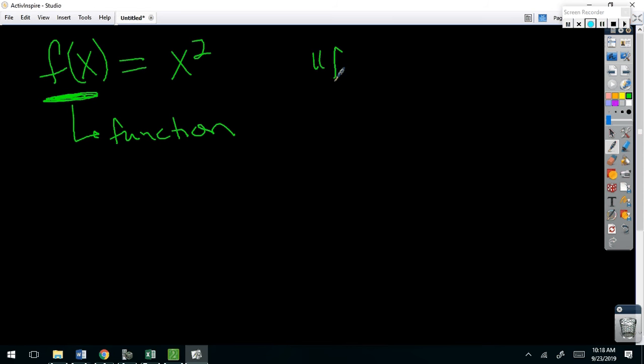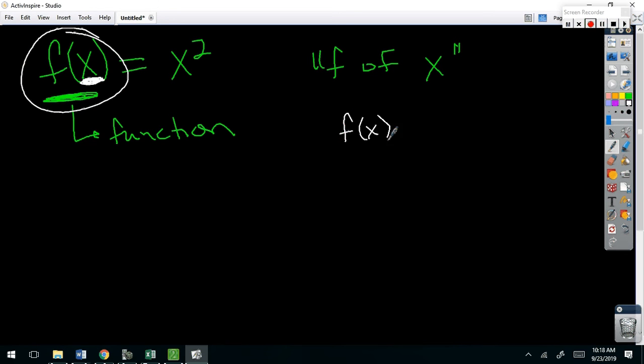We read this as f of x, and it simply tells me that what I put in here is my input. F of x is my output. It's the same thing as y. So any point on the line is x, y.